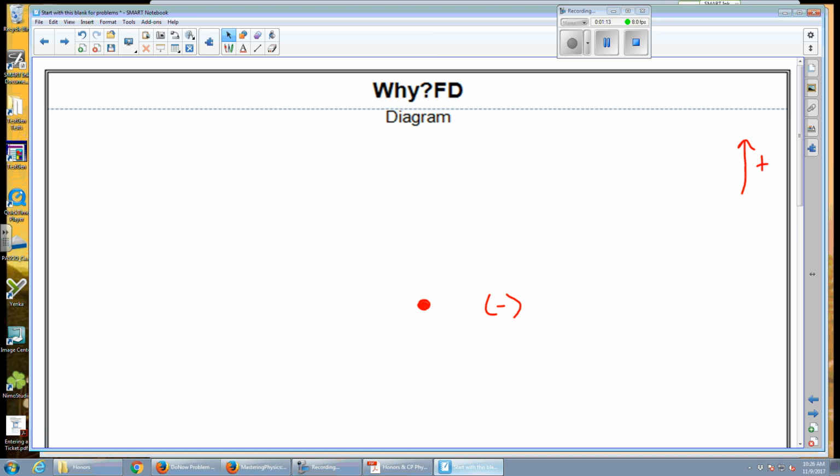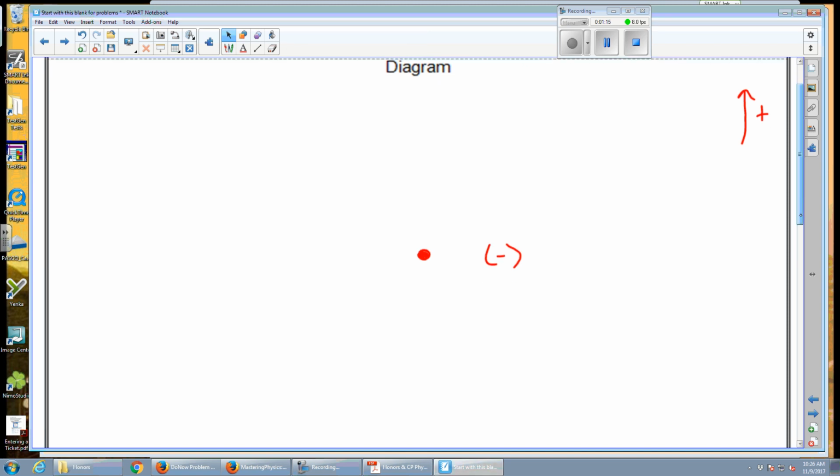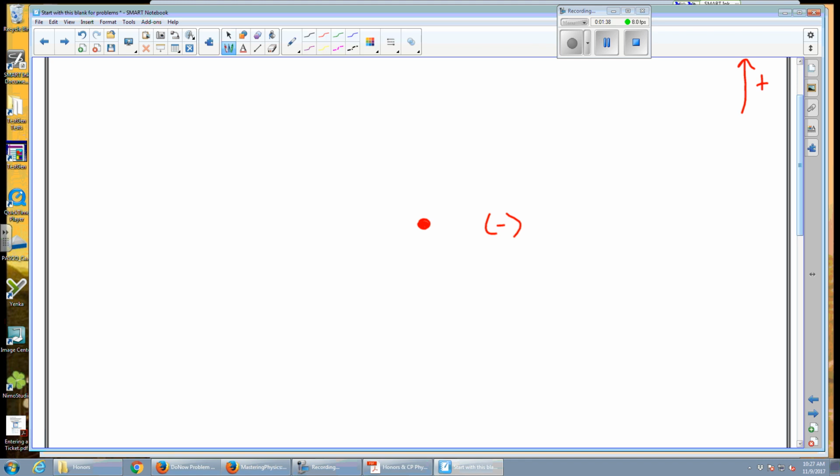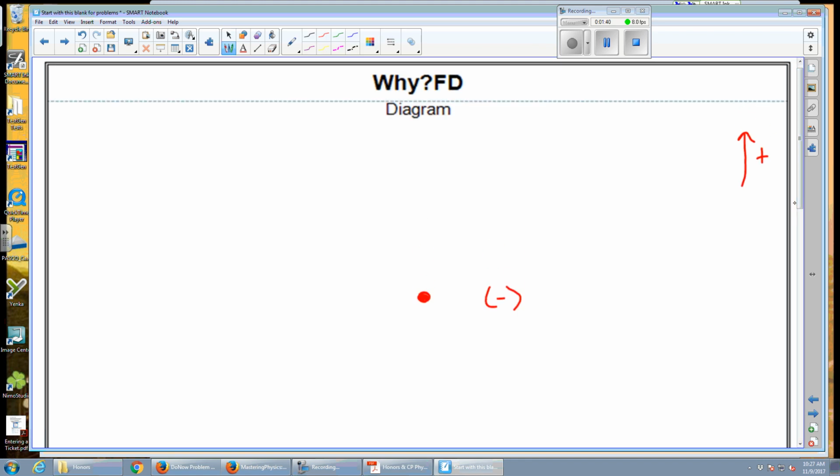So if I want the electrostatic force on the electron to be upwards, where compared to this charge should I put the electron? Above it, right? Because they're going to be repulsed. So I should put the electron like here.